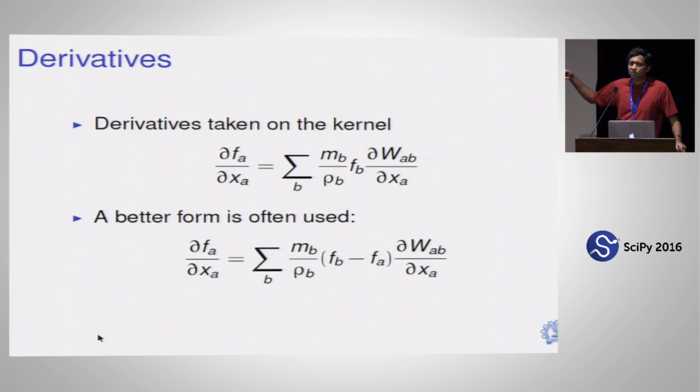There are a whole bunch of schemes and techniques that you can use to get much better representations of derivatives. For example, one common trick is to add and subtract 1, or the gradient of 1, which is 0, such that you make sure that a constant is recaptured. But the idea is very simple: you take the derivative of the kernel, and you have some kind of expression like this, which discretizes your derivative terms.